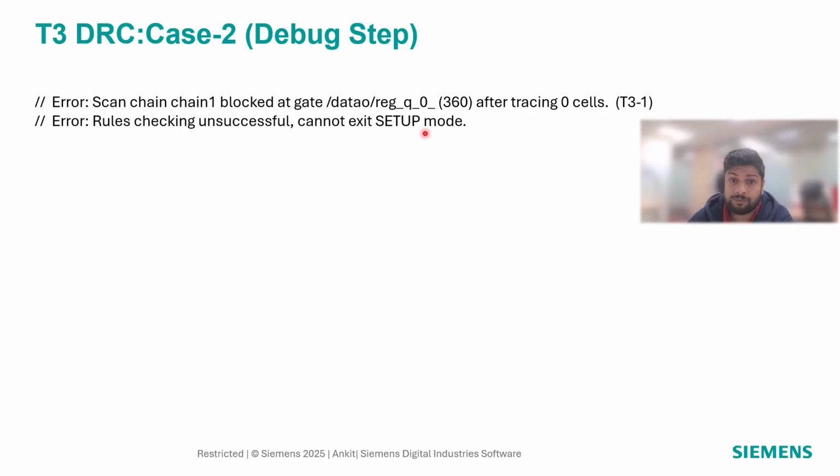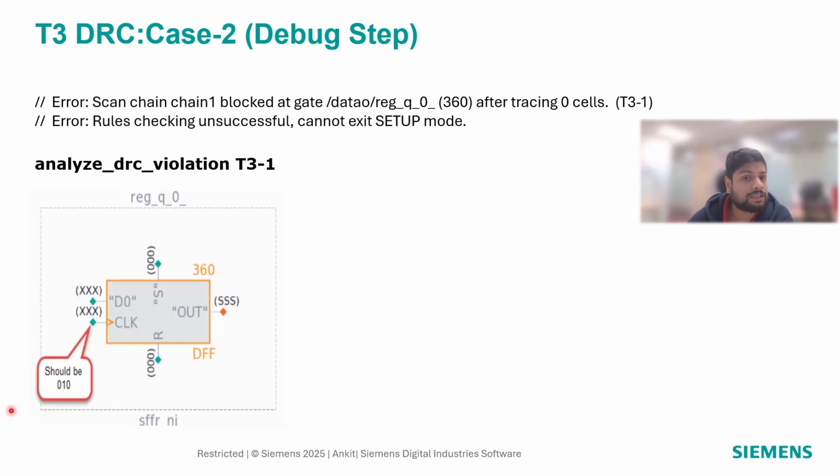Now let's move to case 2 of T3 DRC. In this case, the error message shows the scan tracing stops at this register and the tool immediately flags a T3 violation. To analyze this, we use the command analyze DRC violation T3. This command brings up the T3 violation in the hierarchical schematic window just like you see in the figure.